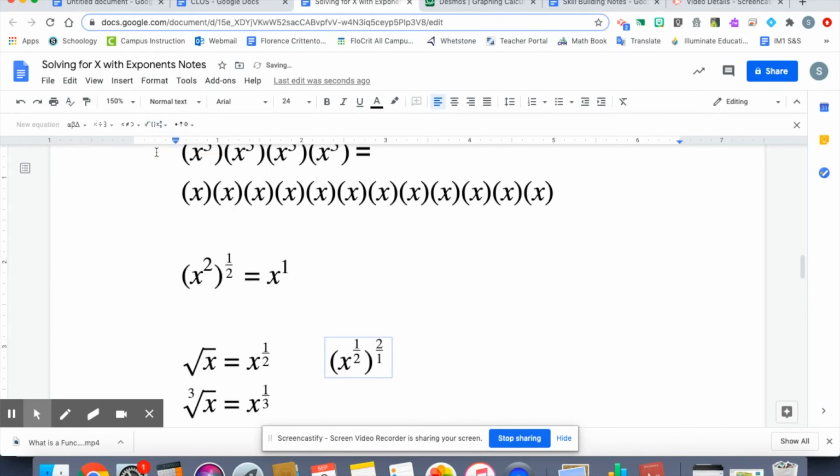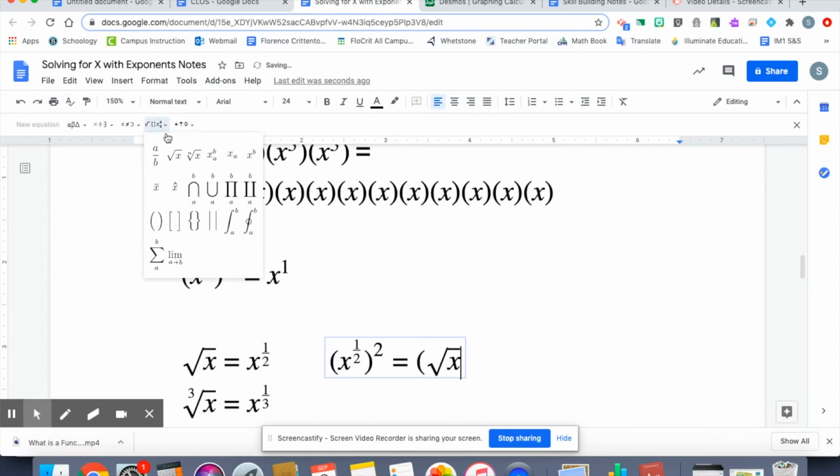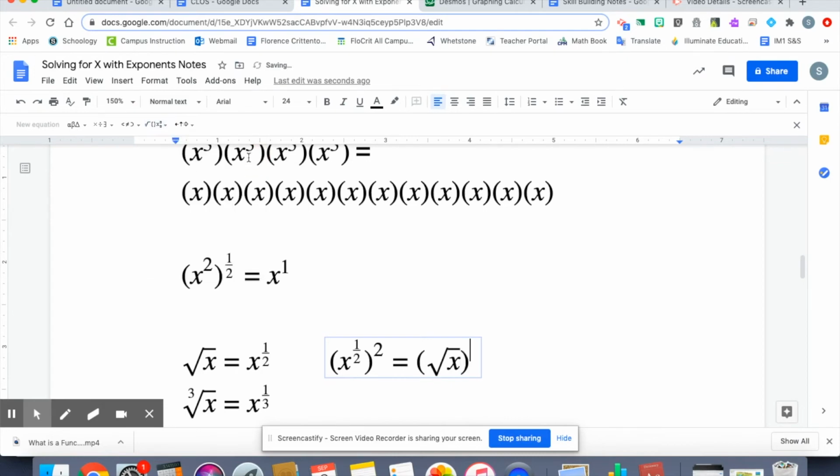Remember, 2/1 is just 2. Which means, and this part's important, remember x to the power of 1/2 is the square root of x. Which means if I take the square root of x and I square it, it cancels. The square root with the square cancels because they undo each other.